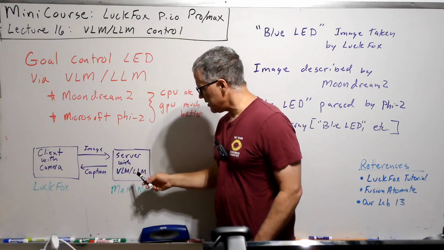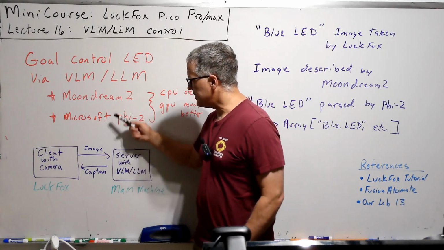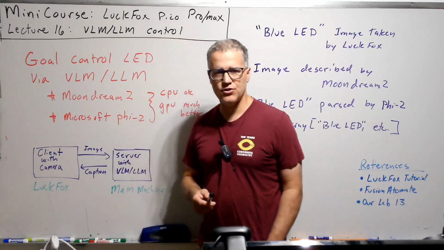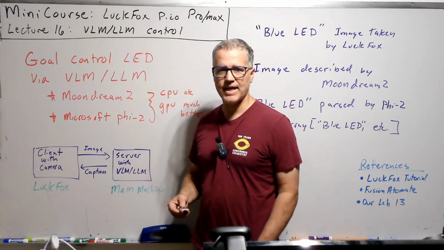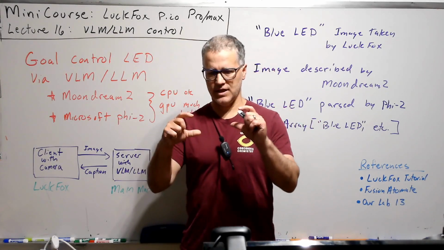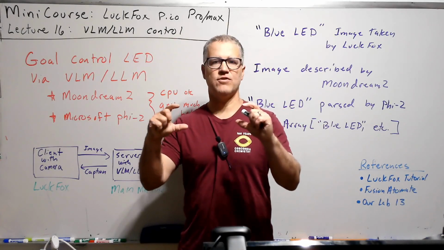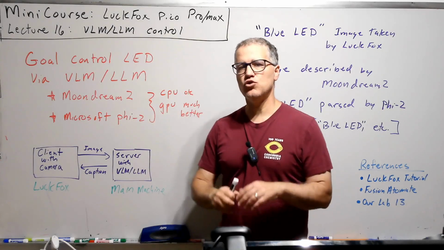The image is going to come here. Then the server will send that image to MoonDream, and then MoonDream will create a caption. One of the things MoonDream is good at, a very lightweight model, is that it creates a caption for whatever it sees. Then that caption is going to be sent to Phi to do some parsing.